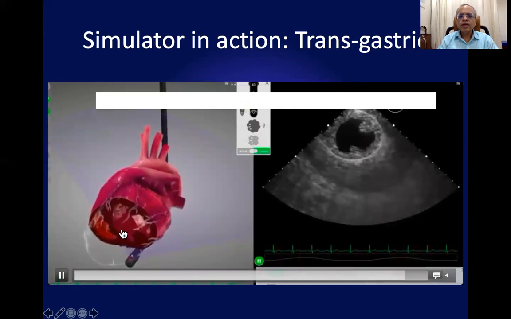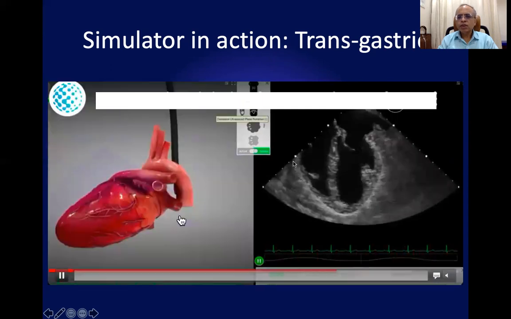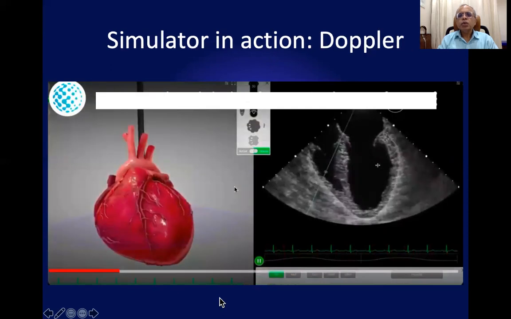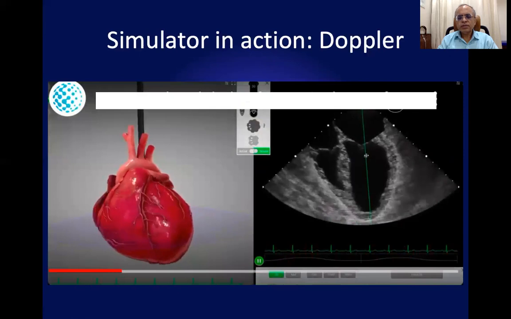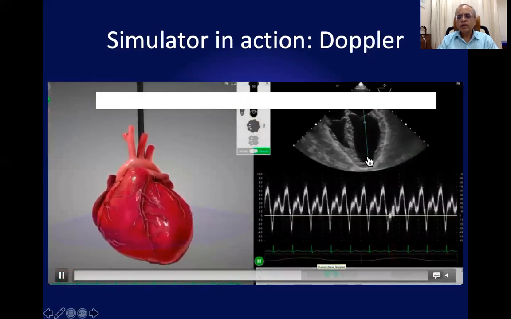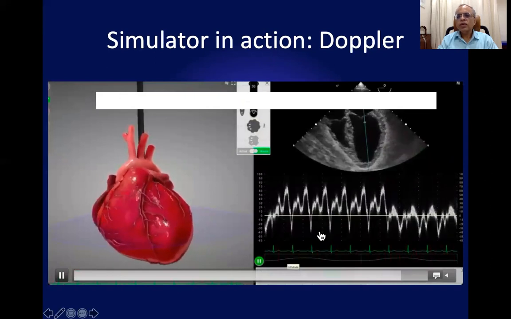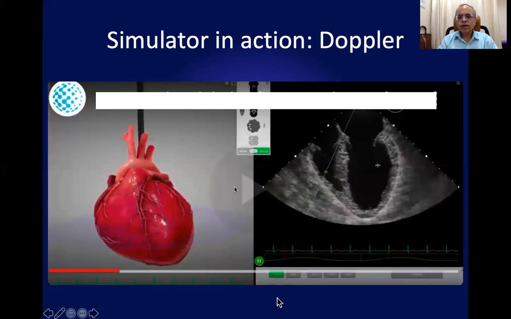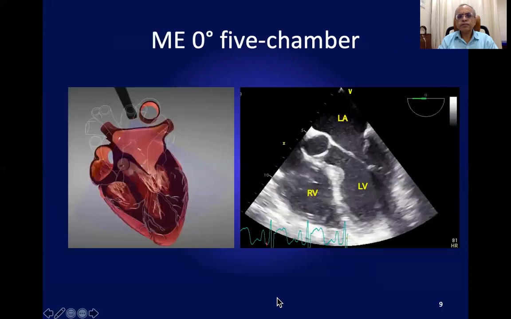You can correlate it with the cardiac anatomy as shown on the left side of the cartoon. Also, the simulators can help you in putting the Doppler for, say, a mitral valve flow, and you can get real lifelike Doppler flows across various valves.